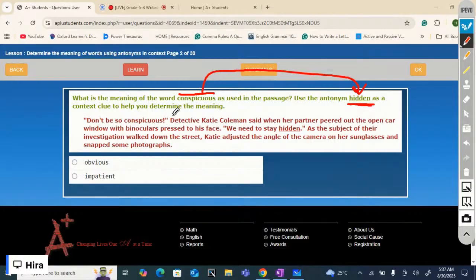Now, what is the meaning of conspicuous, obvious, or impatient? Using this context clue means using this antonym.